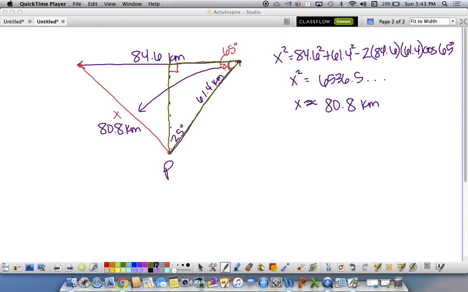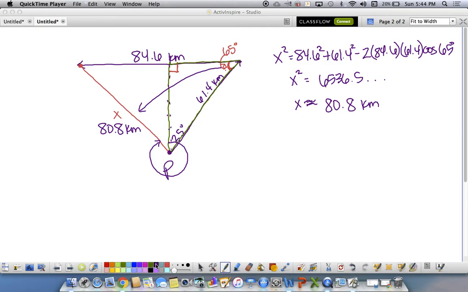All right, next. What is its bearing from the port? Meaning, really, what is this angle from the port? It's going to go all the way from our due north, all the way around to here.